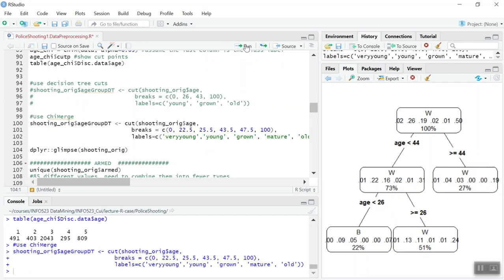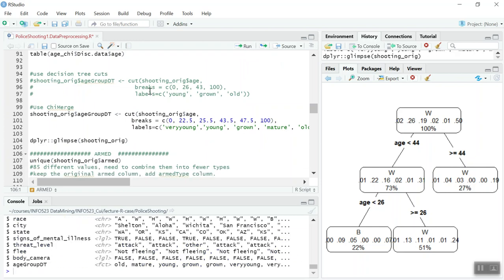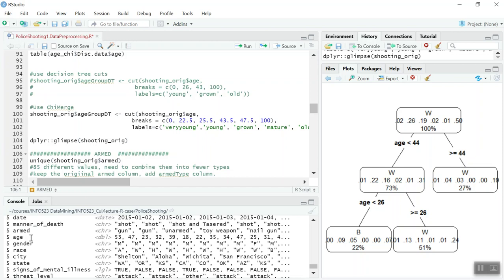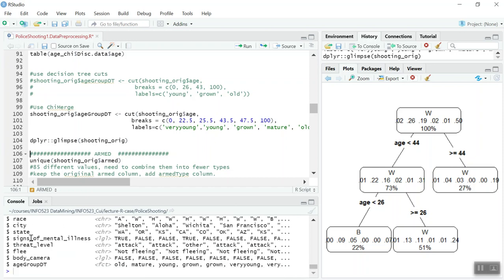We can run this, and then we can take a look at the shooting data, and we have the age, old, mature, young. Depending on the algorithms that we will test in the future, we might choose to use age group, or we might choose to directly use age as our attribute. So now we have age group produced and stored in the data set. This video is getting long. I'm going to terminate this and start a new one.